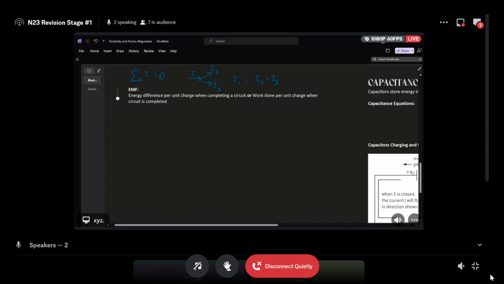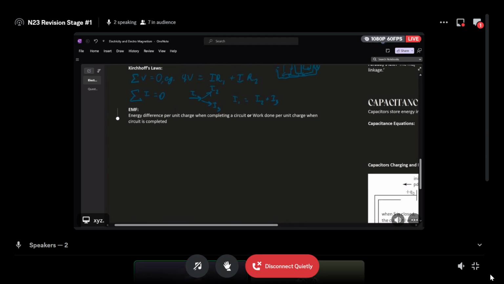Okay, and now we're going to look at EMF, which is, this is the IB definition, the energy difference per unit charge when completing a circuit. Or this is the one I prefer using, the work done per unit charge when a circuit is completed. And the equation we have with regards to this is the internal resistance equation.